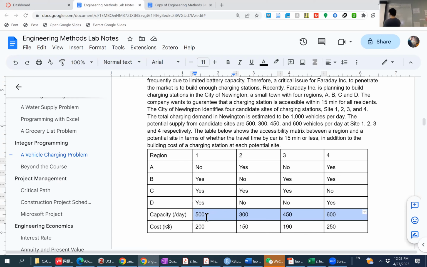In step 3, we do the objective function, right? So, in words, I would say that the objective is to minimize the total cost.